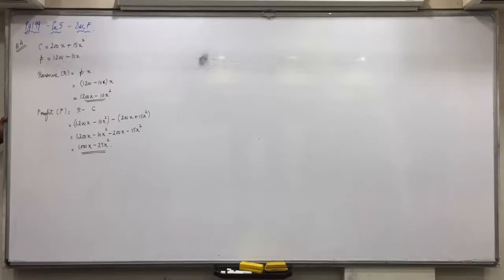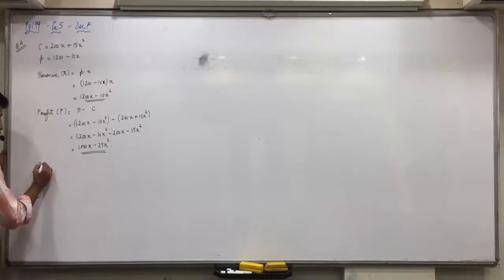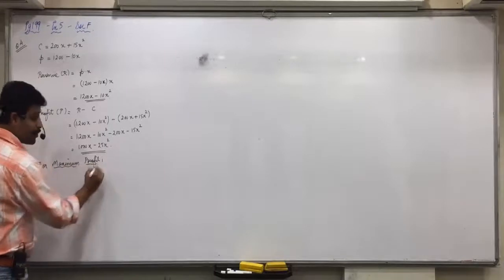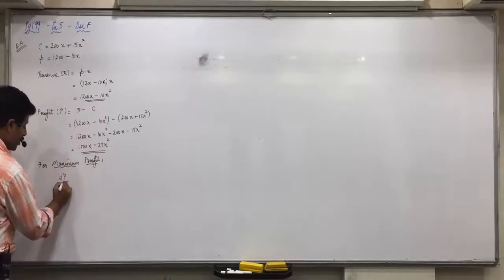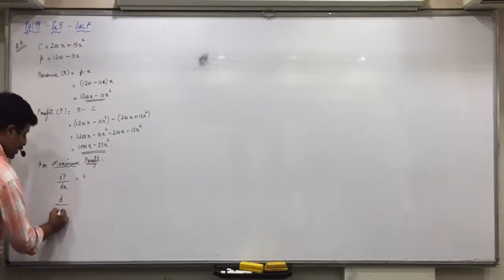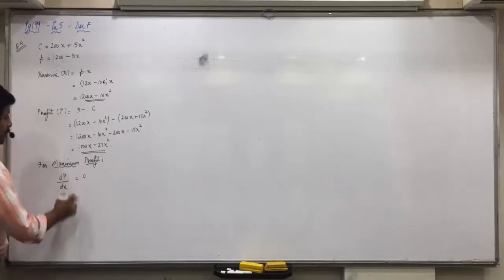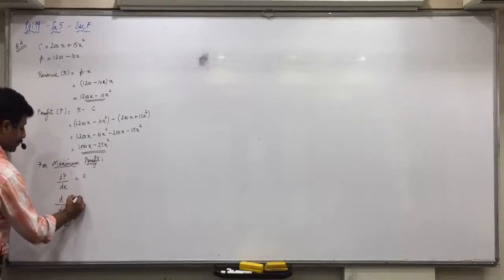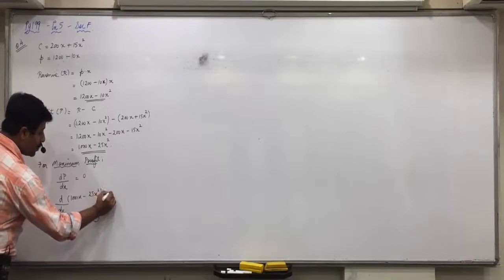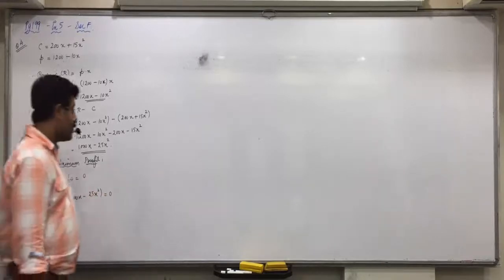Now the conditions. How do we start like we used to start for revenue? For maximum profit, what will you say? dP upon dx must be equal to 0. That is d upon dx of the profit function 1000x minus 25x square must be equal to 0.